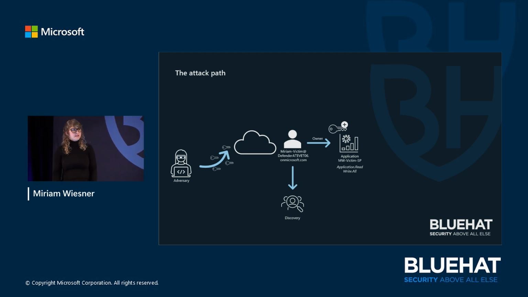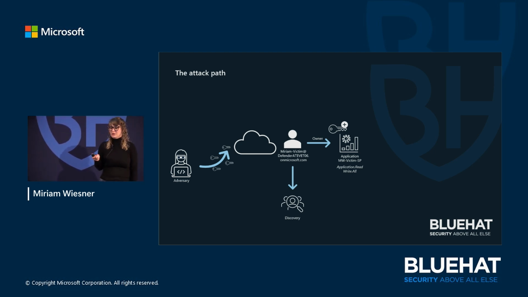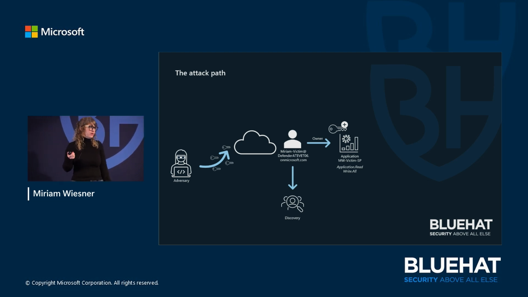Well, sounds good, doesn't it? Well, basically for the attacker it does, because if you have the owner attribute, that also means that you have complete control over the application, which also enables you to add credentials to the application and to log in to the application as a service principal.